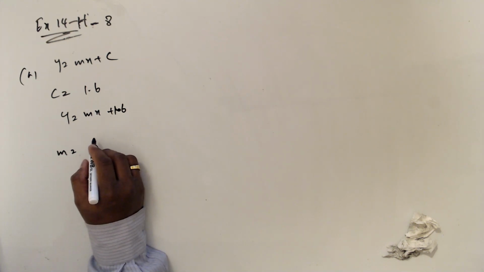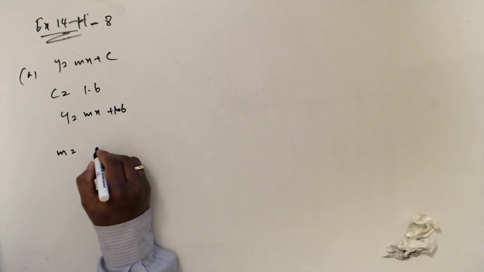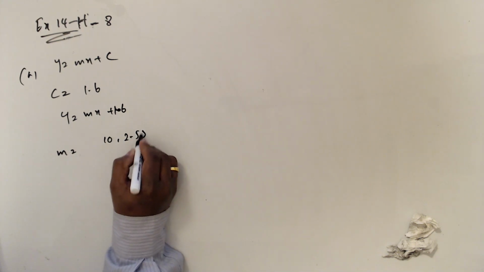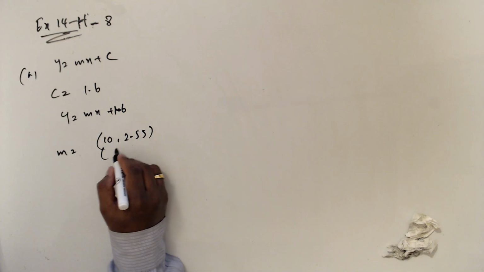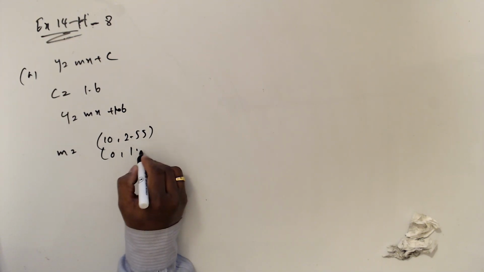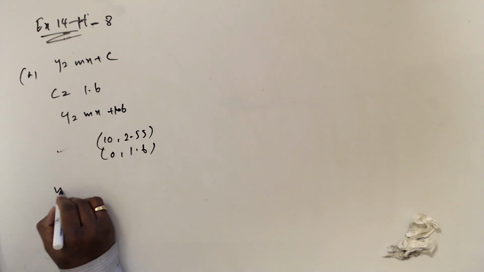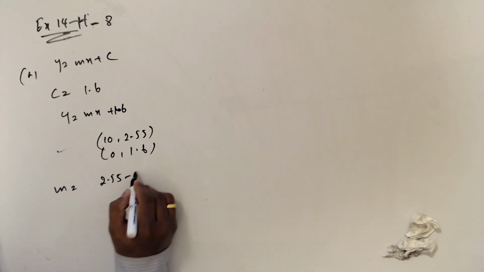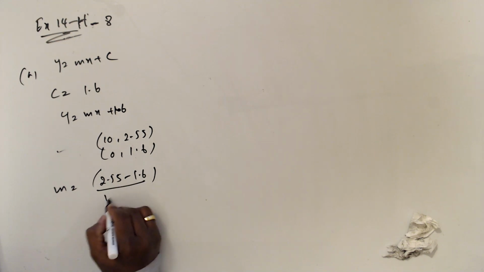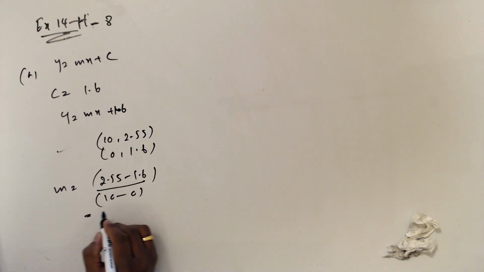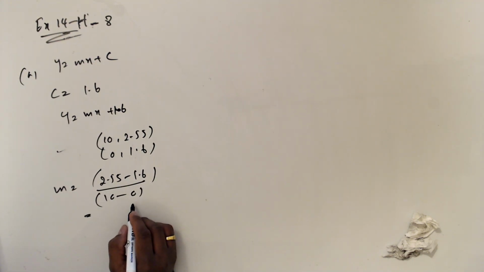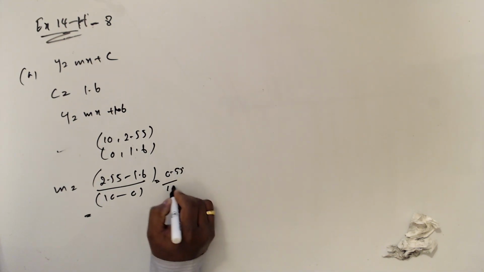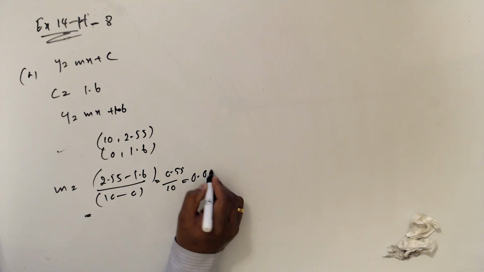M is, there are 2 points. One is 10, 2.55, another one is 0, 1.6. So m is y1 minus y2 over x1 minus x2. So this is going to be 0.95 over 10, 0.095.